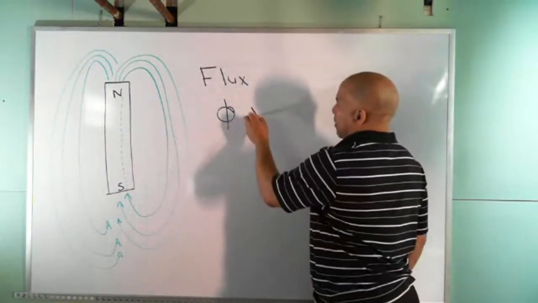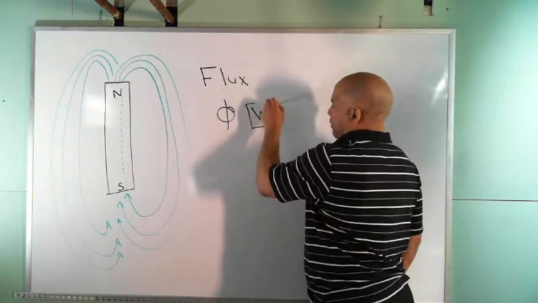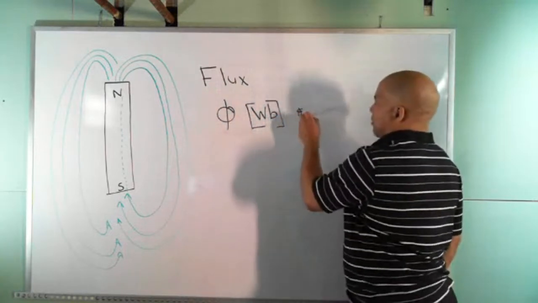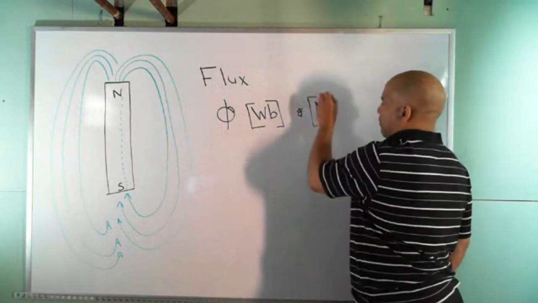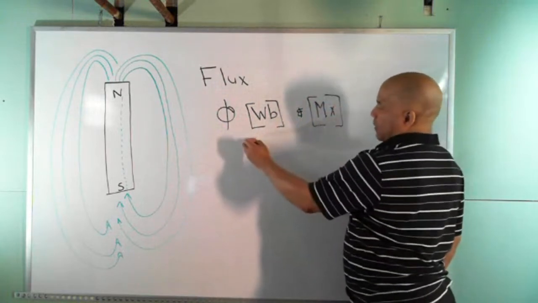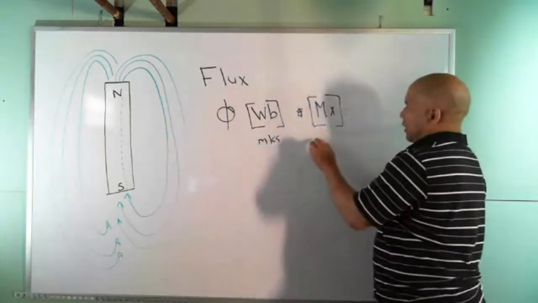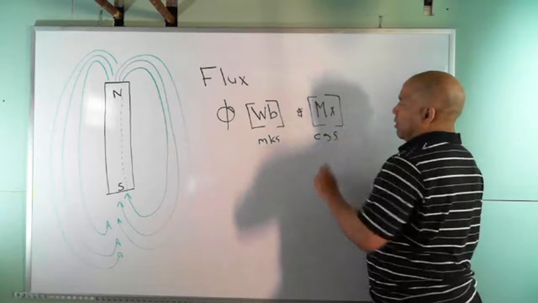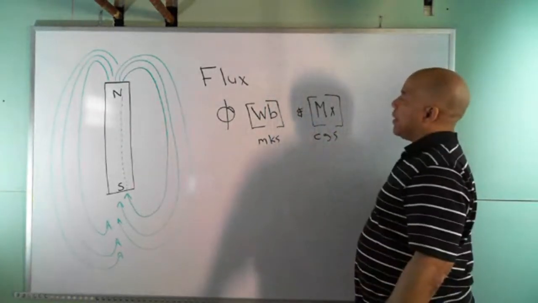We talked about the Weber, which is a unit for flux. We talked about the Maxwell, which is a unit for flux. The Weber is a MKS unit, and this is a CGS unit. That's not that important, but you'll see both of these for flux.